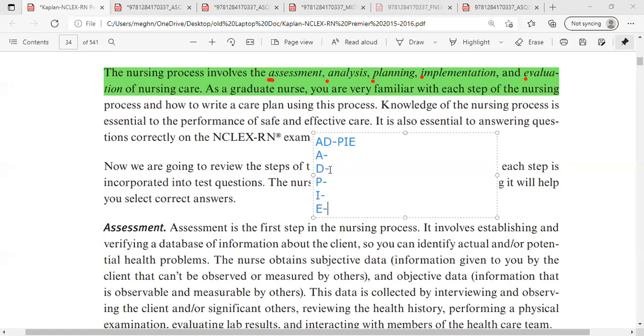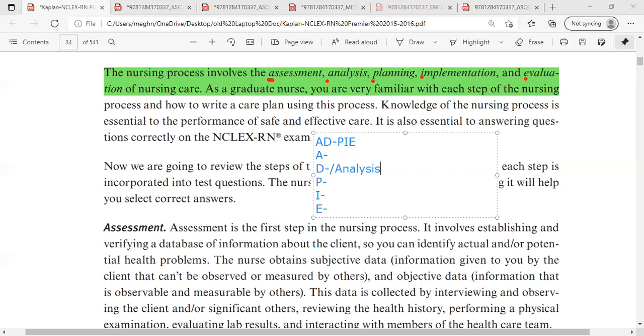And number two, I said analysis, or diagnosis. It is called nursing diagnosis, or analysis, right? Analysis means identifying the actual or potential healthcare needs and problems based on your assessment. Also interpret the data. What does it mean? It means validate the data. What is validate?